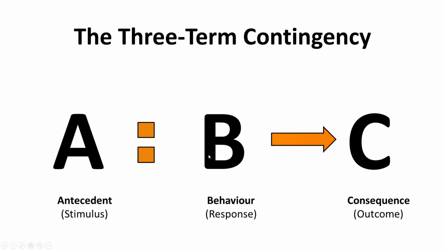So we're going to take that behavior leading to a consequence, and we're going to add in an antecedent. And like we already said, antecedents are the stimuli, events, situations, or circumstances, the conditions that are going to be present when this particular behavior occurs.